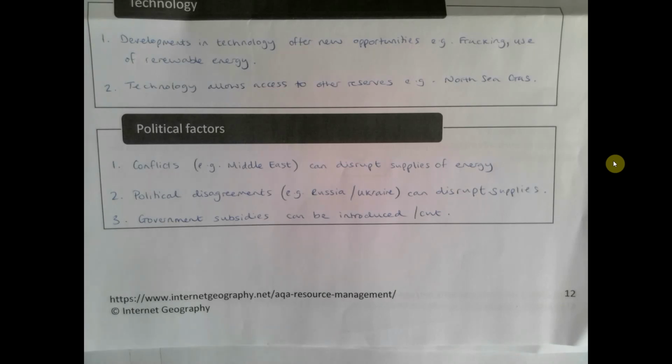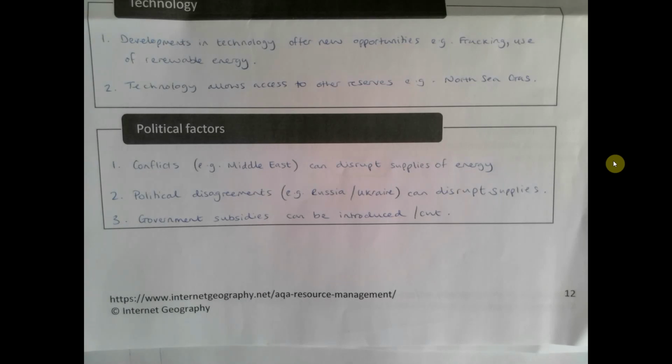The third factor is decisions and actions taken by the government, particularly subsidies. Now, subsidies are payments made by the government to individuals or to companies to encourage them to use a particular source of energy. So in the past, the government used to give you favourable rates and pay you if you installed a wind turbine on your farm or if you had solar panels on your roof.